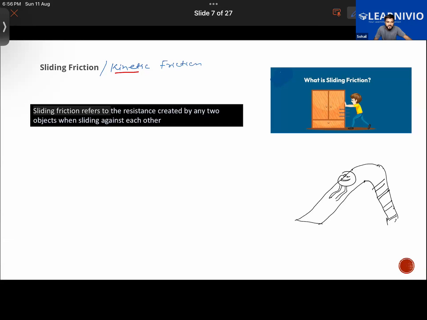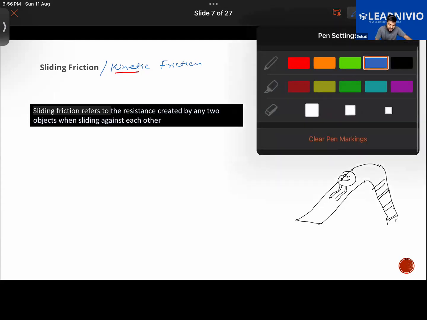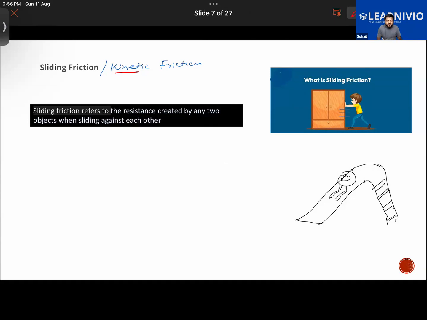Hope you guys are getting this. What we have learned about sliding friction is that it comes into play whenever an object is moving along the surface of another object. It is basically sliding over another object, so the type of friction that exists at that time is called sliding friction.